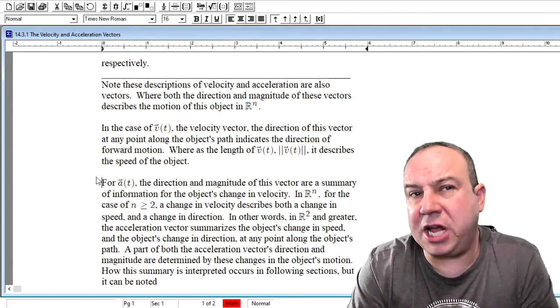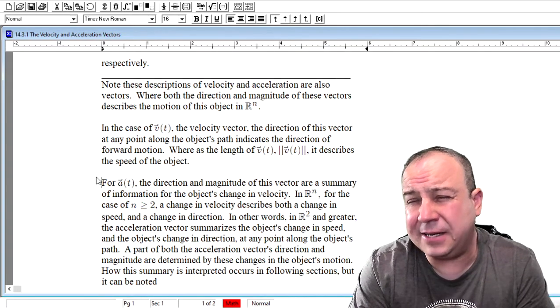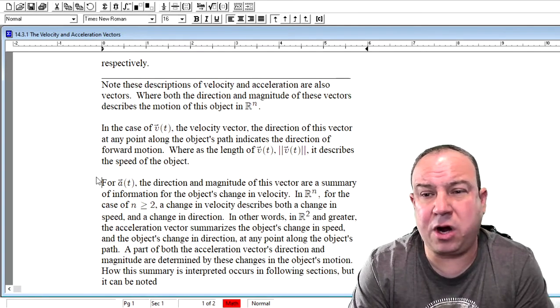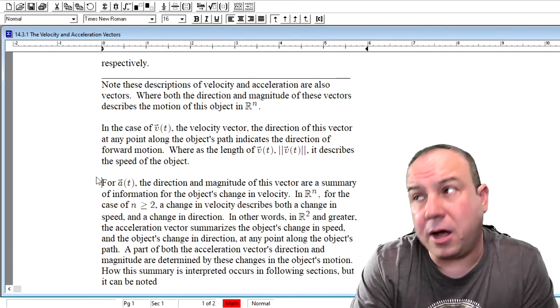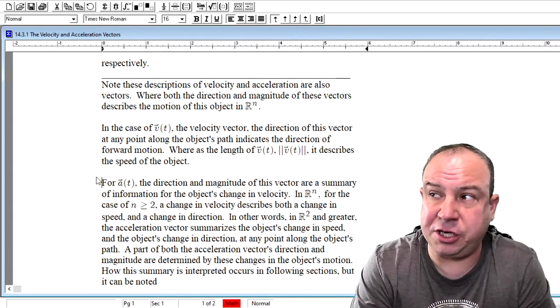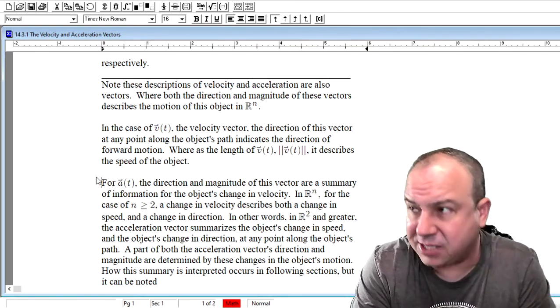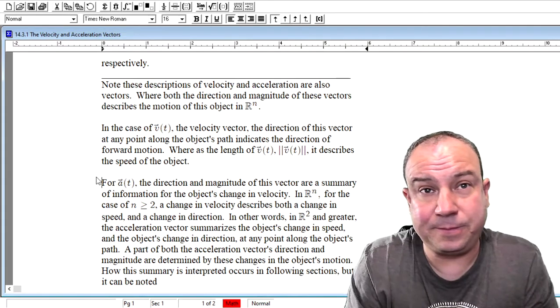What describes a change in velocity in two-dimensional space and beyond is not only a change in speed, where we're either speeding up or slowing down, but also a change in direction. When you are driving in your car and you hit the gas pedal, you will feel a change in speed, right?